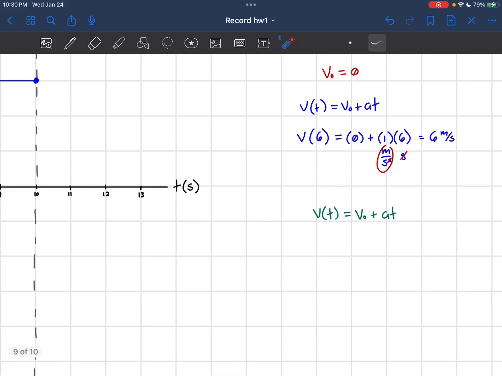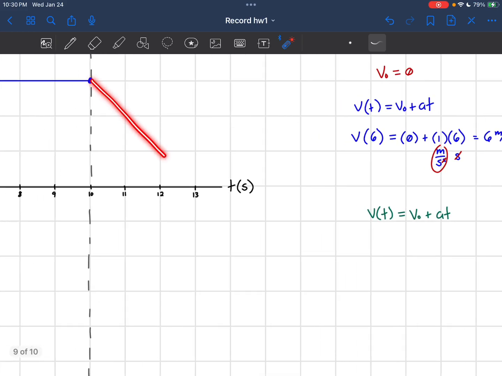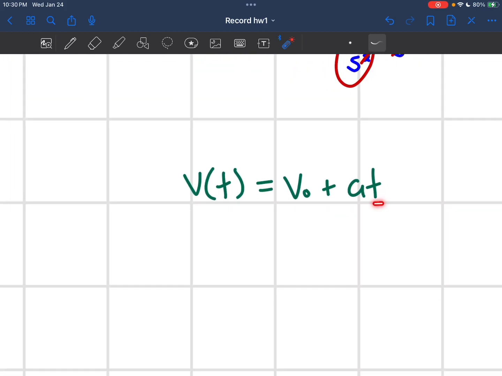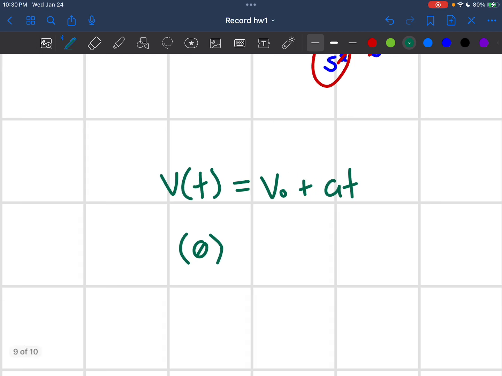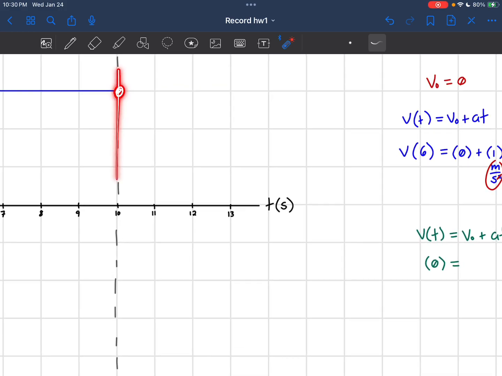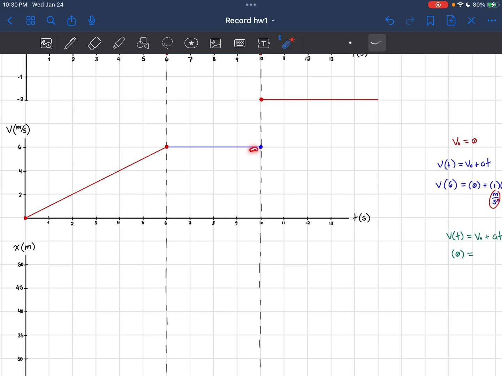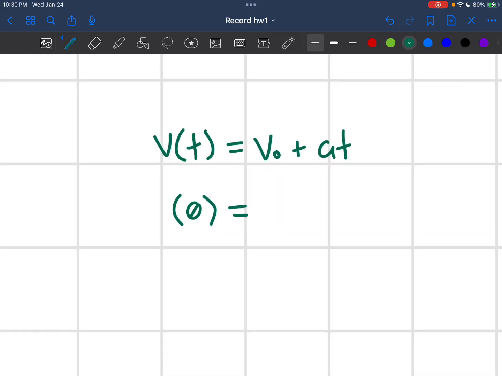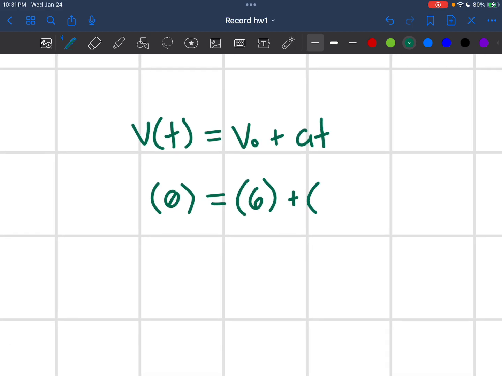Now we're saying, I know that my velocity will eventually get back down to 0. I want to figure out the time that it takes for that to happen. So my final velocity is 0. My initial velocity for this chunk is 6 meters per second. And my acceleration is -2 meters per second squared.